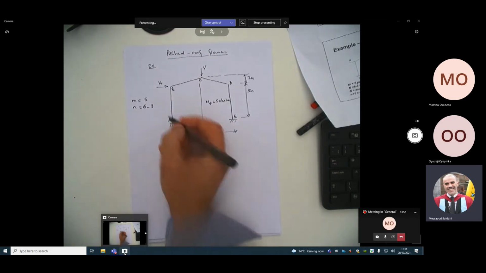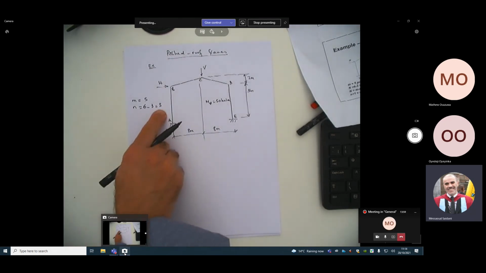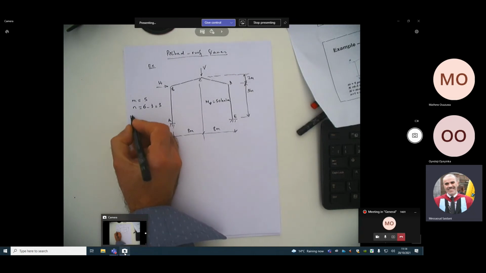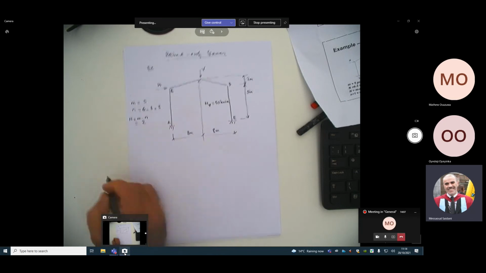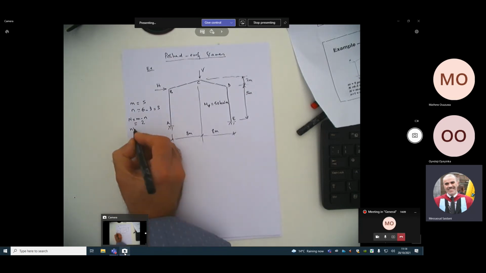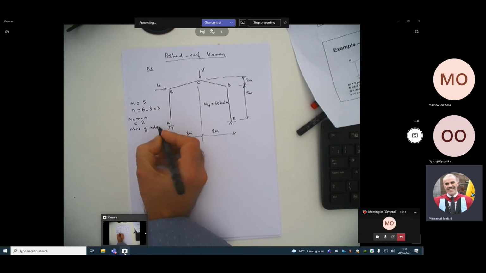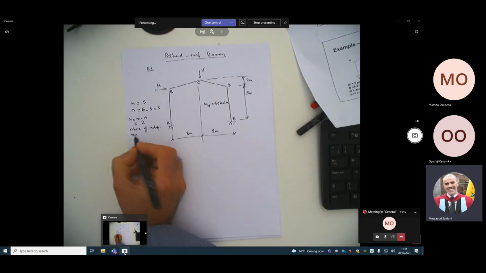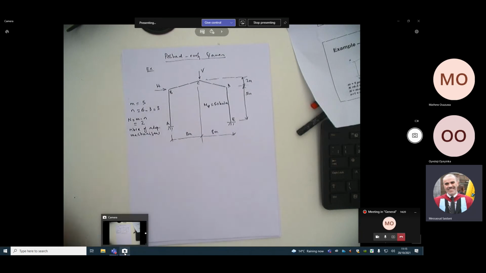We have 3 equations of equilibrium, so the difference is 3. That's the degree of redundancy. Then we have N, which is the difference of M and the degree of redundancy: 5 minus 3 is 2. This is the number of independent mechanisms. So we have 2 independent mechanisms.